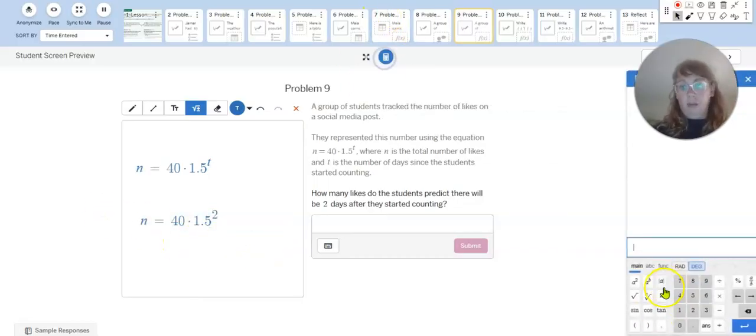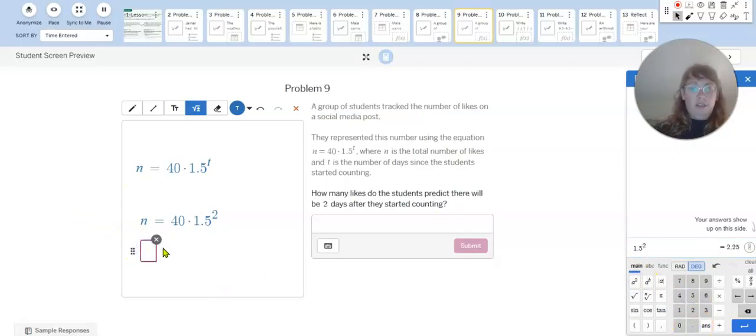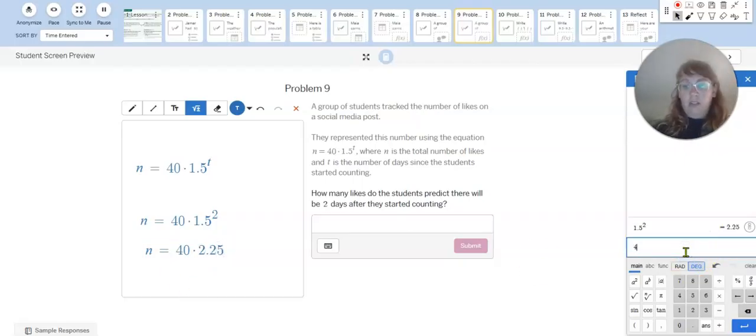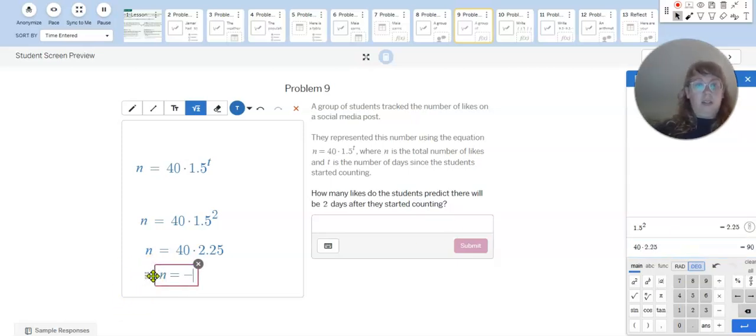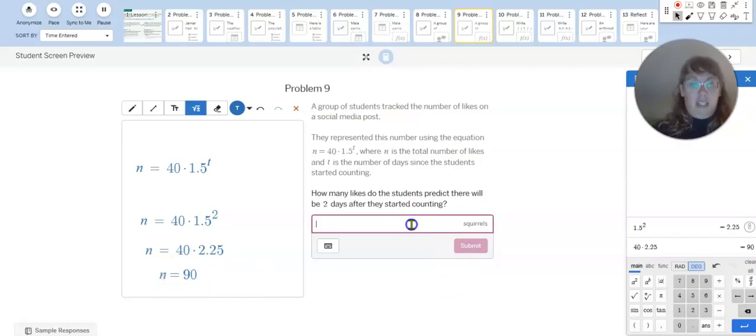When we do that, 1.5 squared is 2.25. So n equals 40 times 2.25, which gets us 90. So we started with that 40 likes, and now after 2 days, we are at 90.